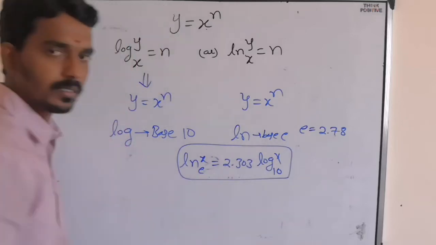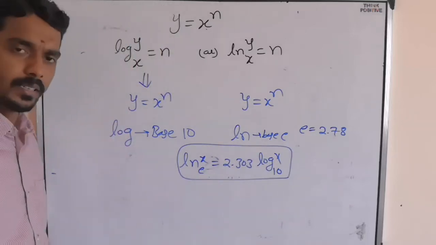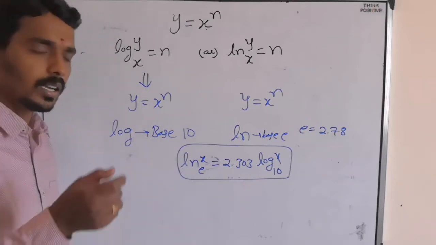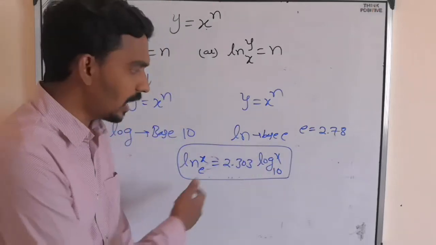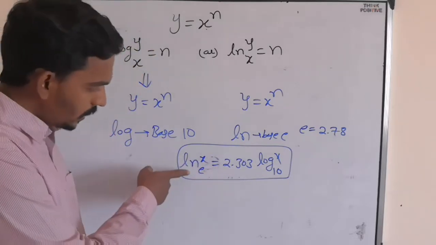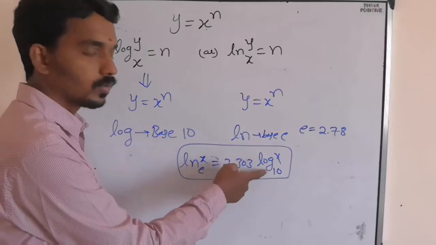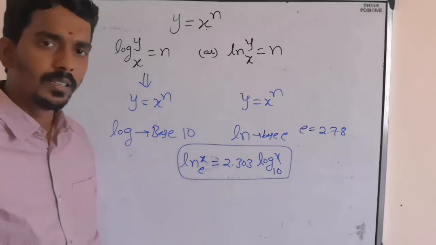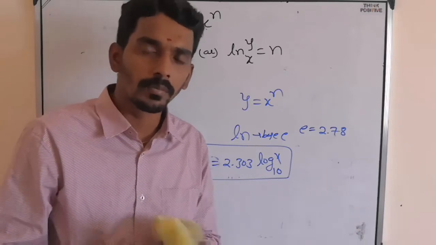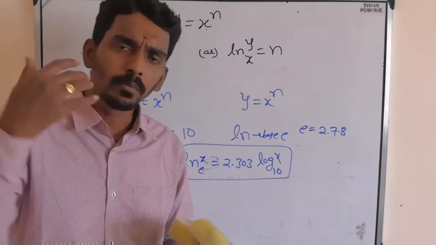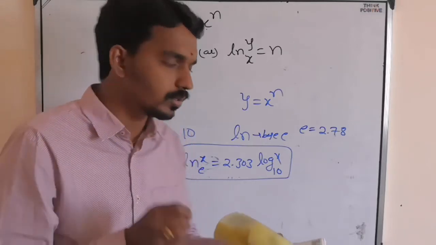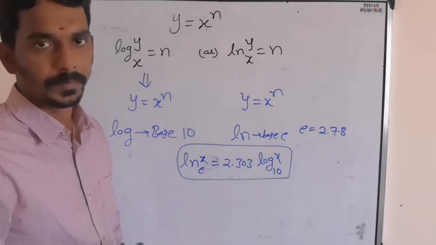This is the relation between ln and log: the ln value is greater compared to the log value. You might have seen in the books at the back side, they give a logarithmic table, or in separate books you will get logarithmic values. All those values are given with respect to base 10.